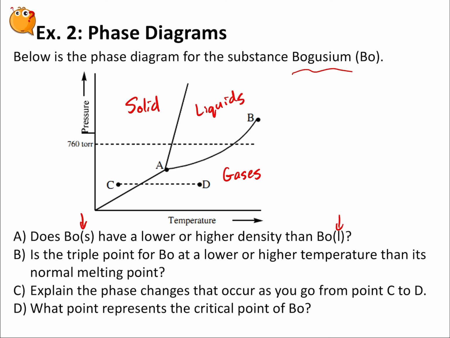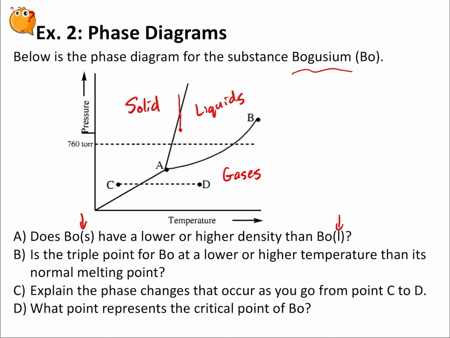So does the solid have a higher or lower density than the liquid? So imagine you're at a certain point right there. What happens if you increase the pressure on that liquid? You'll start to compress the liquid. You're going vertically up. You're keeping the temperature constant. You'll hit this line where you're at equilibrium between the solid and the liquid.